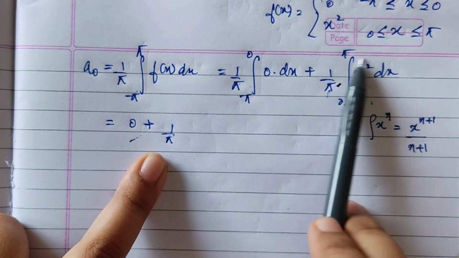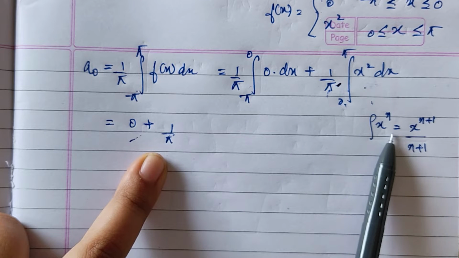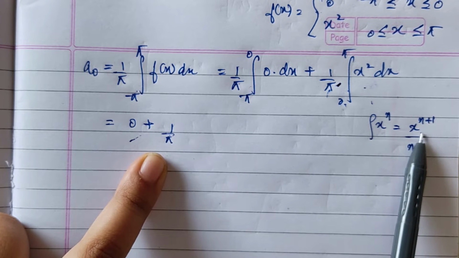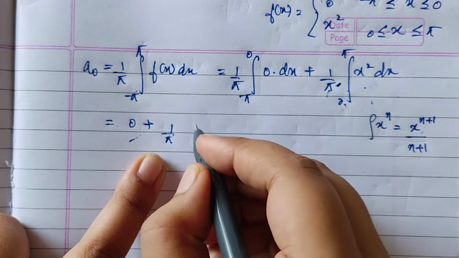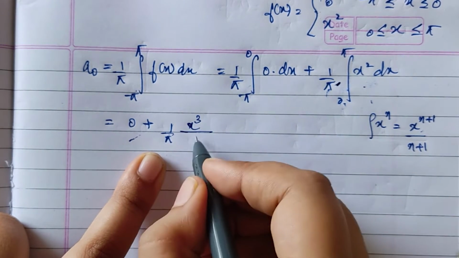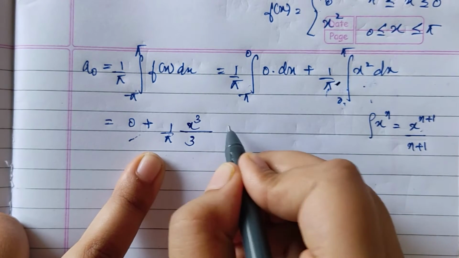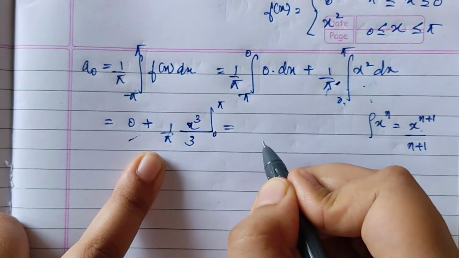We will evaluate this definite integral with this formula. That's nothing but integration of x power n is equal to x power n plus 1 divided by n plus 1. Right, so that gives us x cubed divided by 3. And we have our limits 0 to pi.